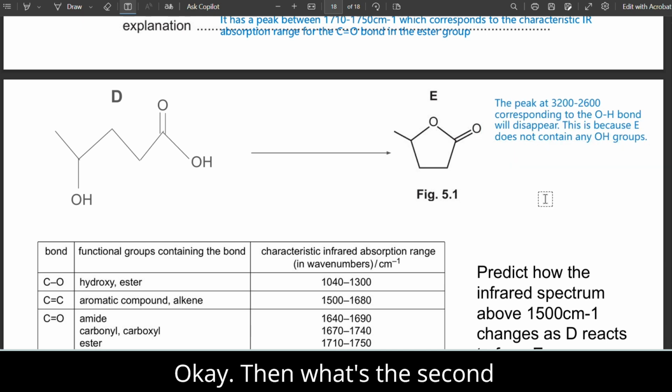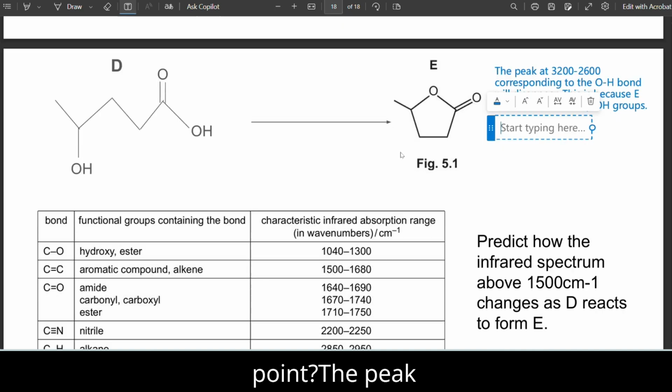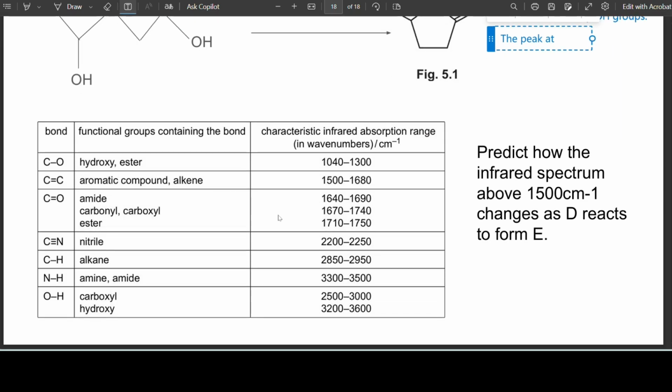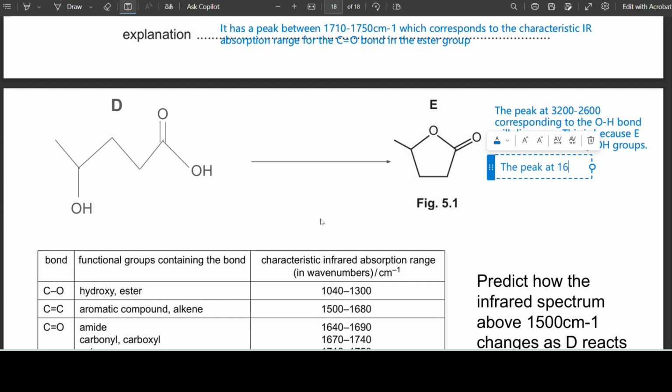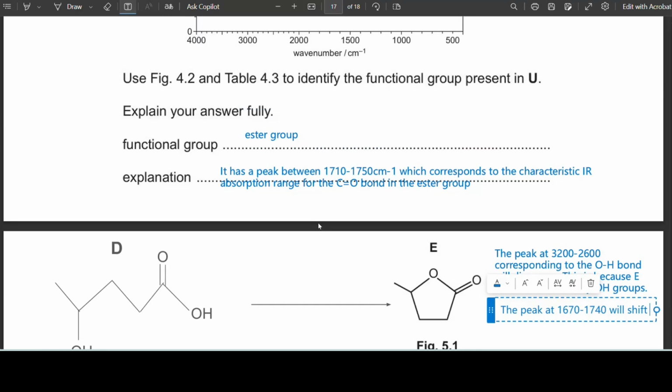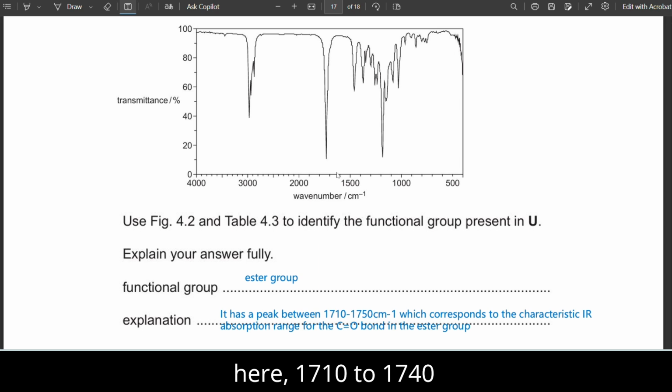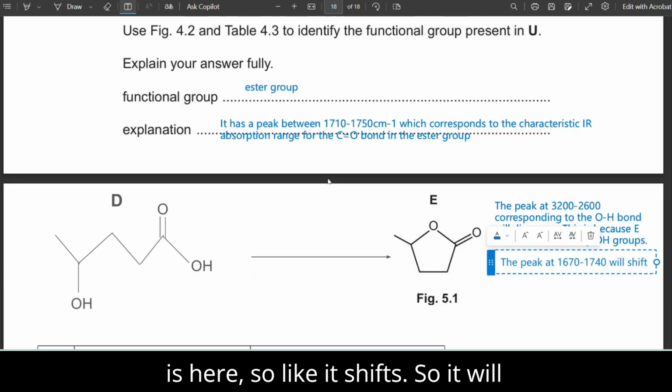Okay, then what's the second point? The peak at 1670 to 1740 will shift. Alright, in this case it will shift to the left because 1670 to 1740 is here, 1710 to 1740 is here, so it shifts to the left.